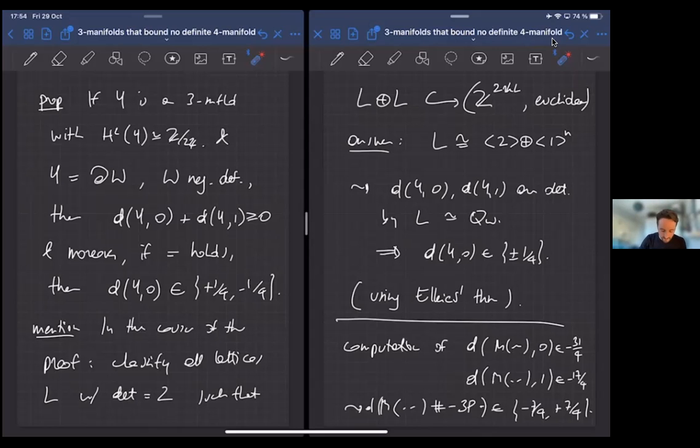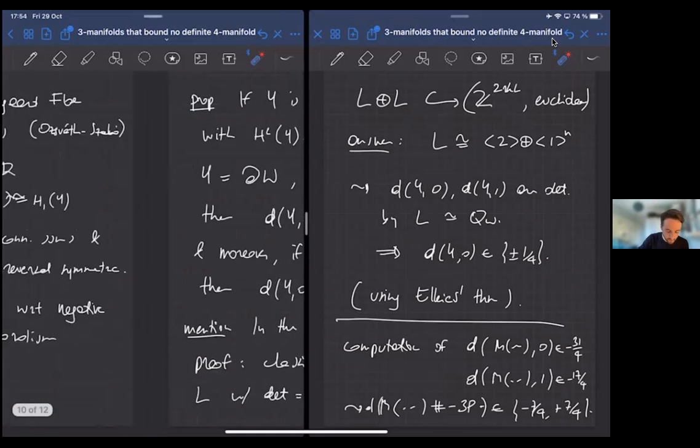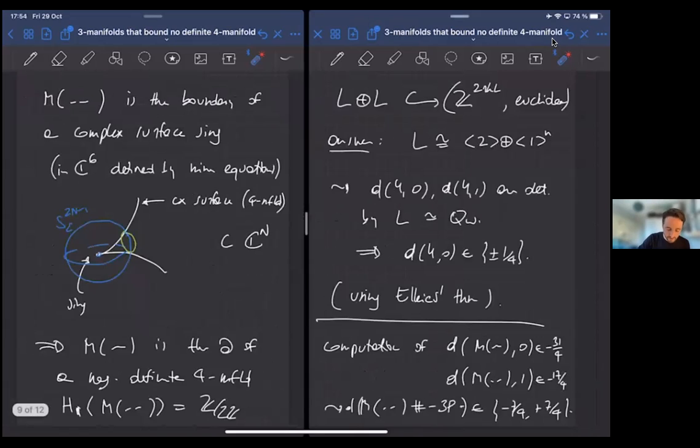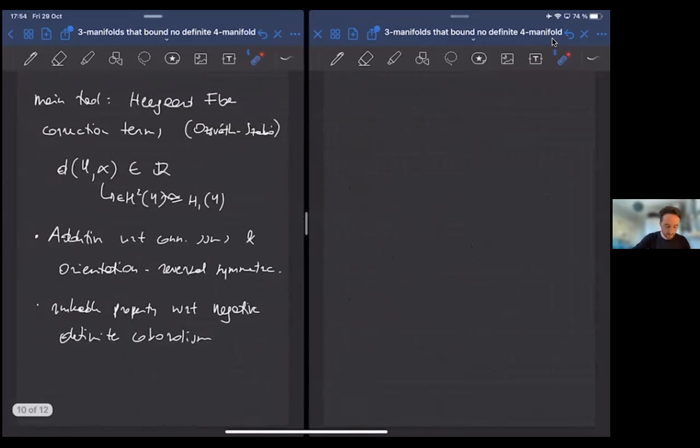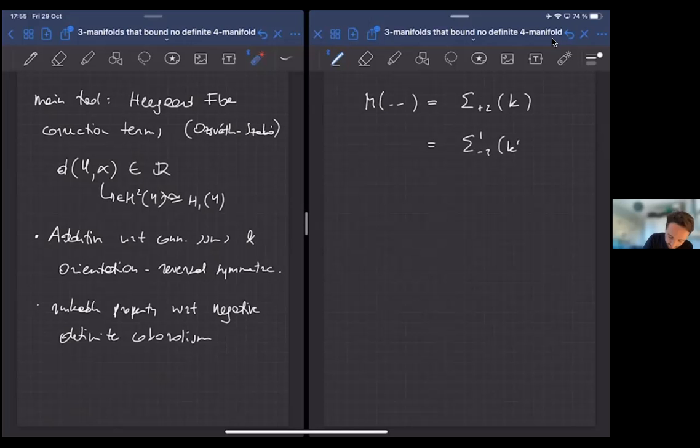There are two answers to the question. One answer is that our M is obtained as +2 surgery. Actually, let me call it sigma, +2 on k, and it's also sigma prime, -2 on k prime. So for our specific M, you look at the plumbing.